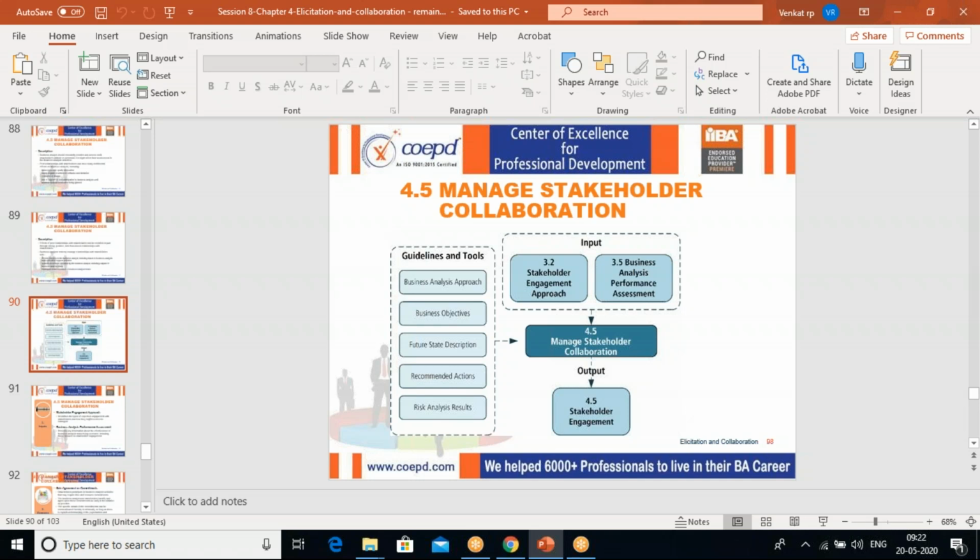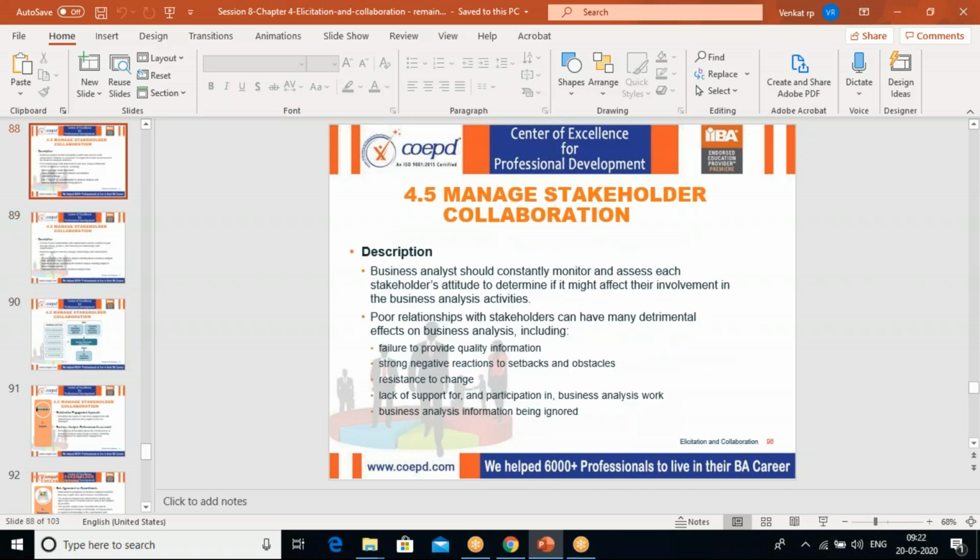And we need to understand the purpose of this stakeholder collaboration, and how we are going to manage it. Now the purpose is to encourage stakeholders to work towards a common goal.